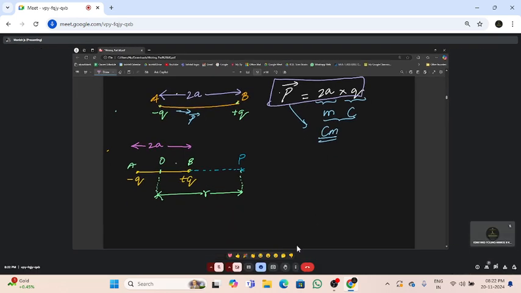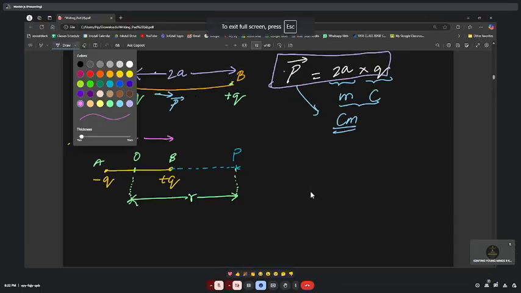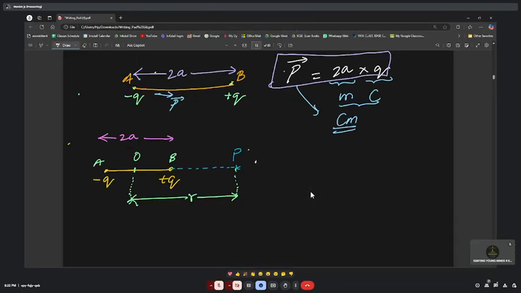So what is our objective? Our objective is to find out the electric field at this point P. The electric field at point P is going to be contributed by the electric field due to the positive charge and the electric field due to the negative charge, because it is a system of two charges.